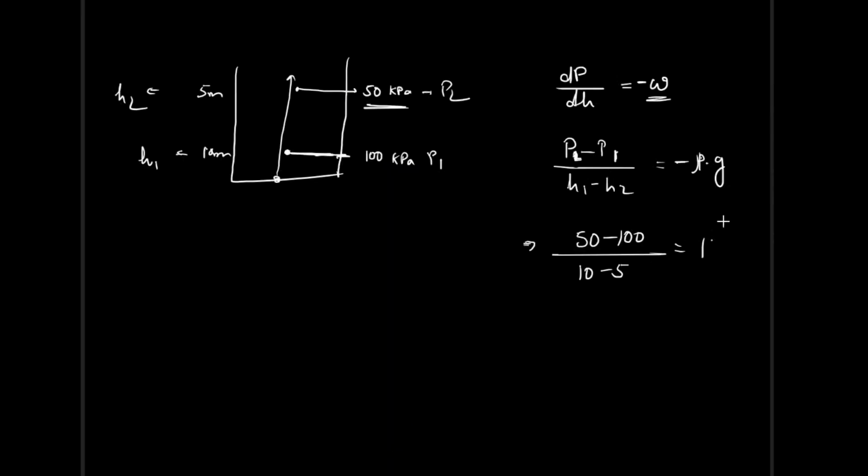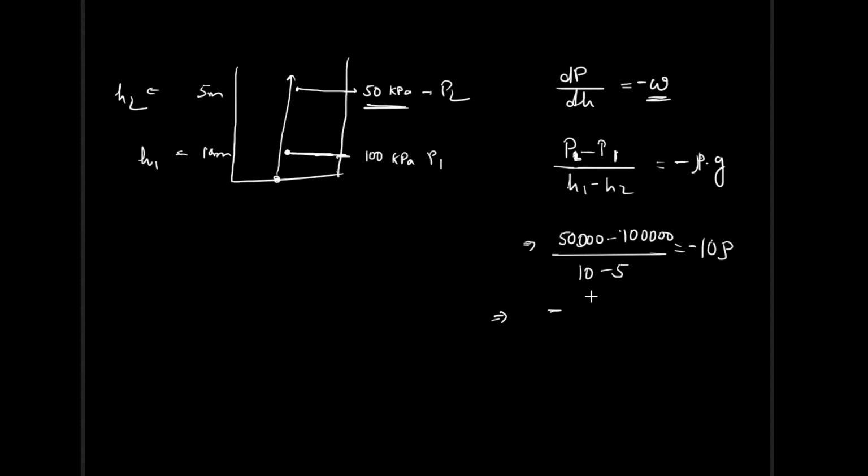G is given as 10, so this will be minus 10 rho. Just one more correction: it is given in kilopascal, so I need to convert it to Pascal.